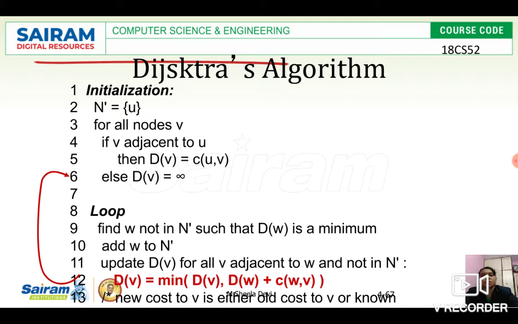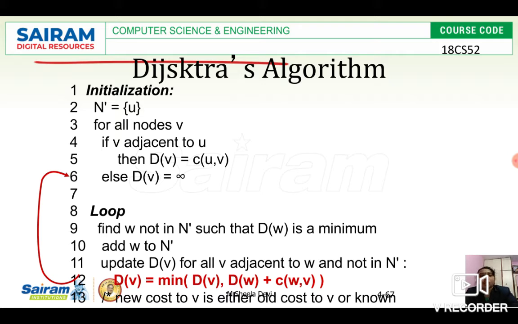Yes, this is Dijkstra's algorithm. Initially, in N' only one node will be there, which is the source node. We assume u is the source node, since the aim of Dijkstra's algorithm is to calculate the shortest path from the source node u to all the other nodes. All the other nodes will be considered as v.